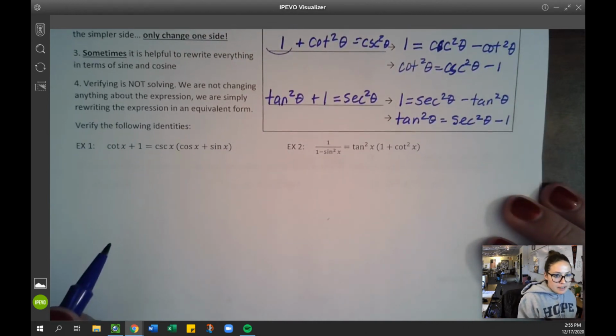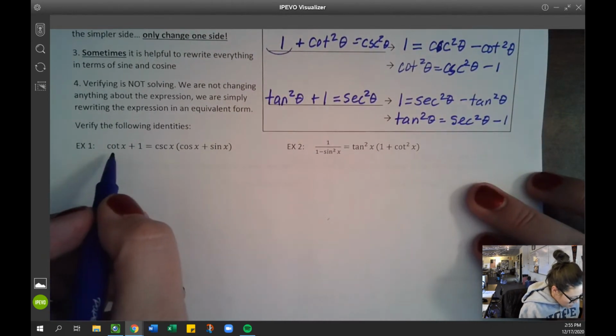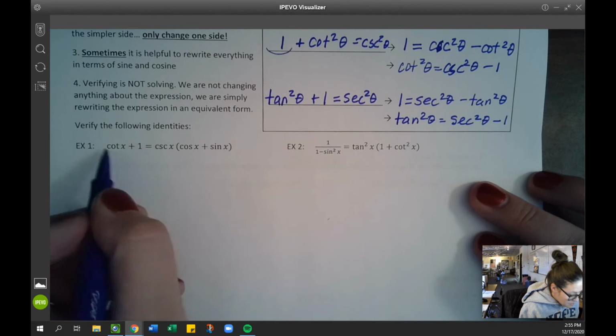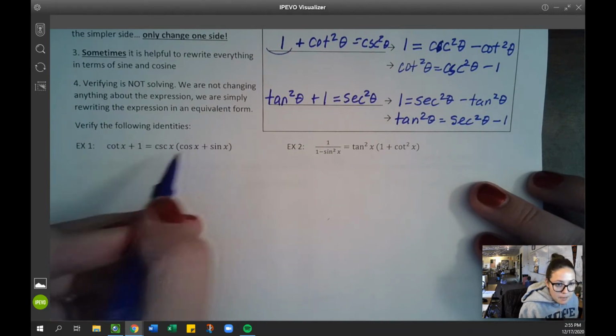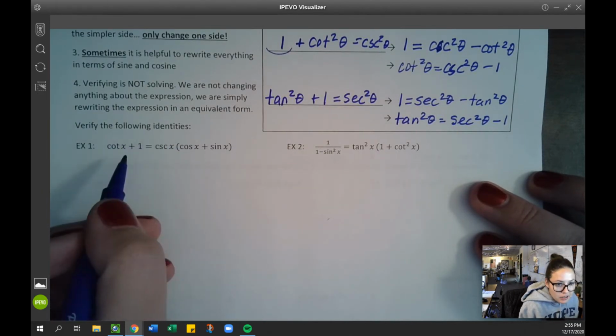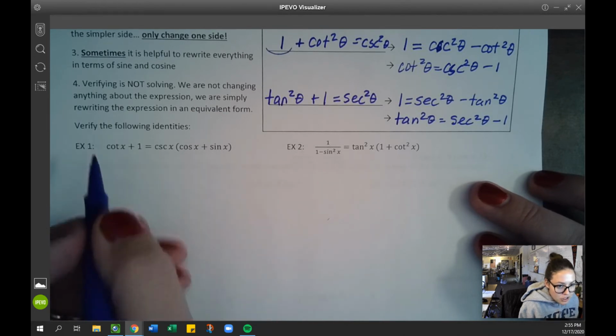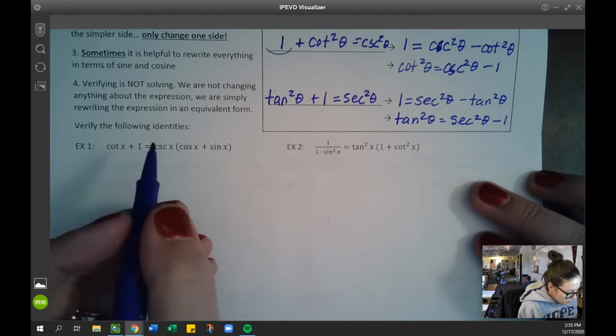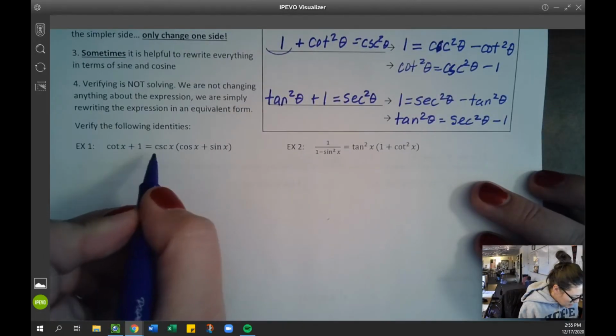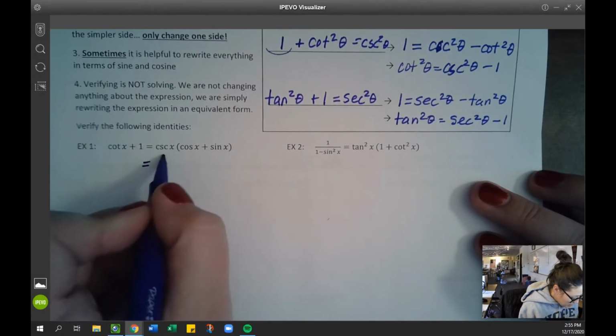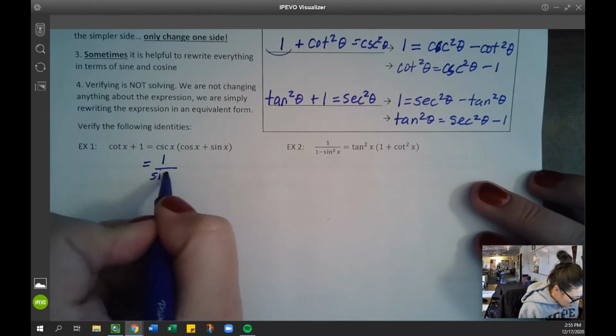Let's verify some identities. Like I said, when I look at this, the left side seems more simplified to me than this side. So I'm going to leave the left side alone, and I'm going to rearrange the right side to try to match the left side. Cosecant is 1 over sine.